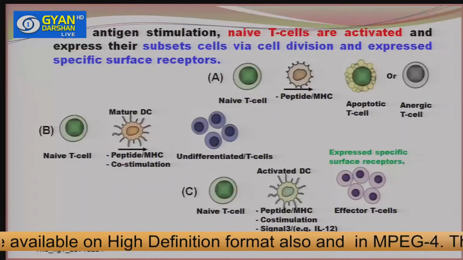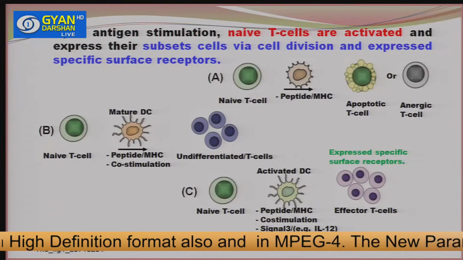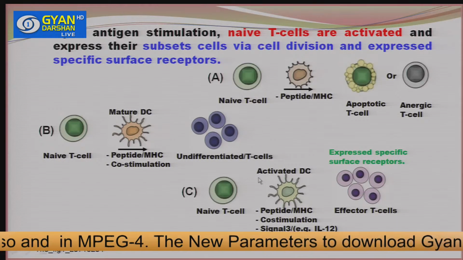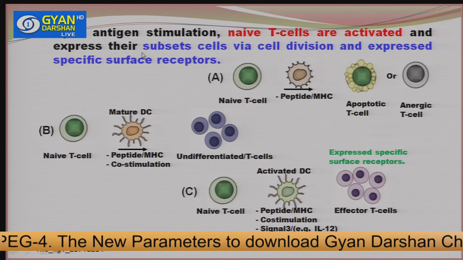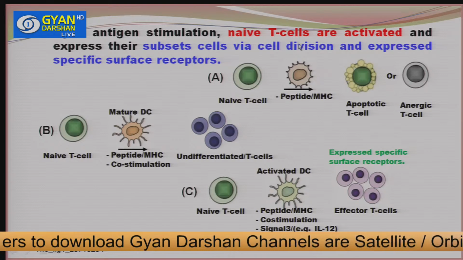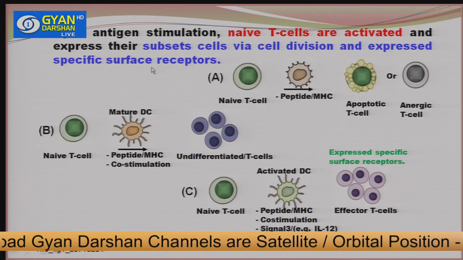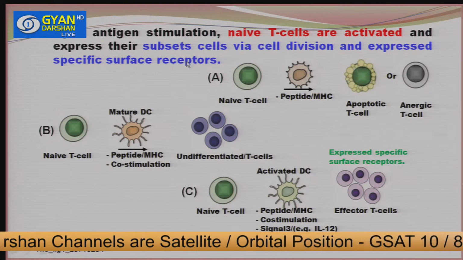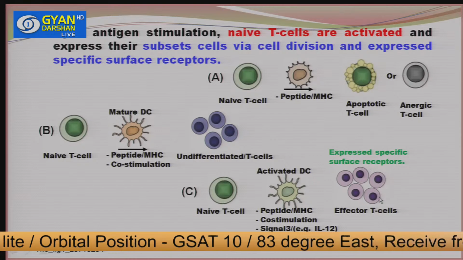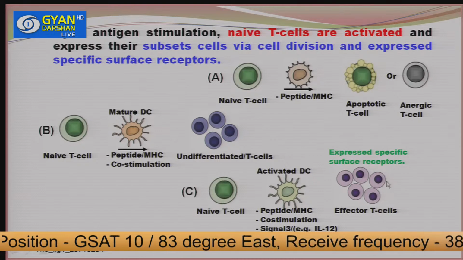Another thing I want to discuss: upon antigen stimulation, naive T cells are activated and give rise to subset effector cells via cell division, and express specific surface receptors. So the effector cells have the TCR. Without TCR, they will not work.